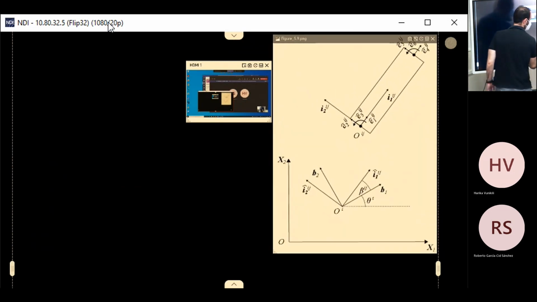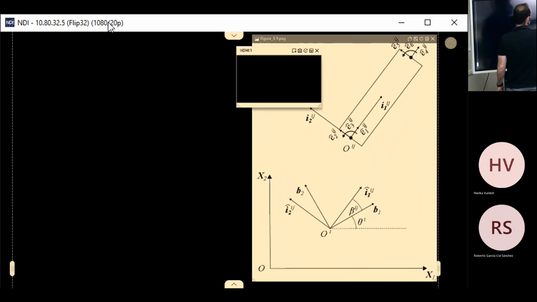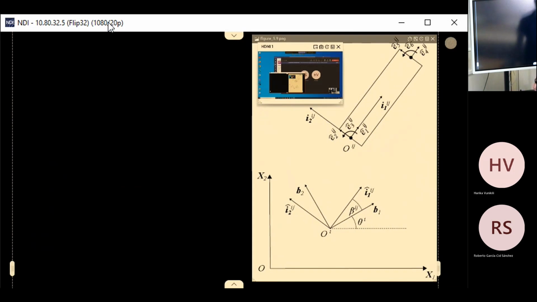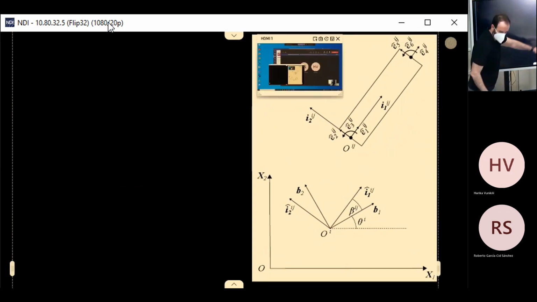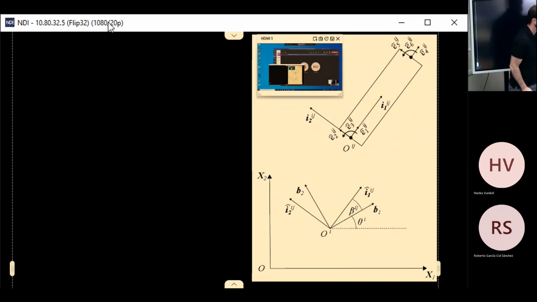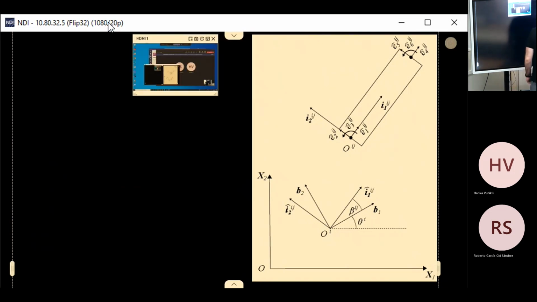So here you have an element. You see, our case is our element. It's basically, in the 2D case, a beam element. And you see that you have two nodes. This is the first node. This is the second node.